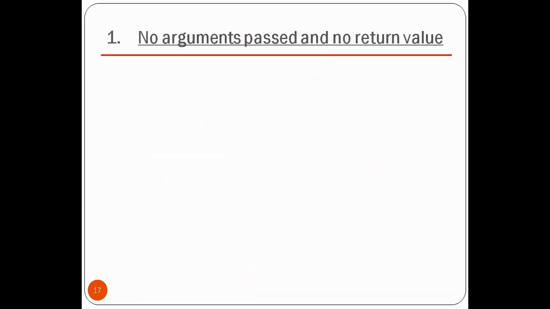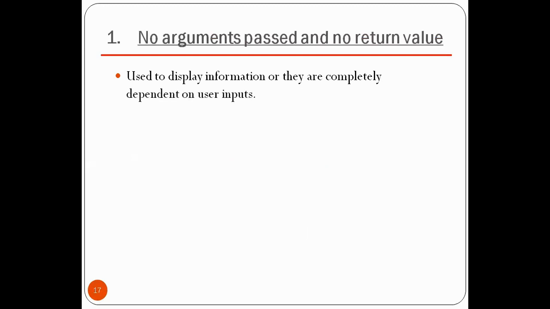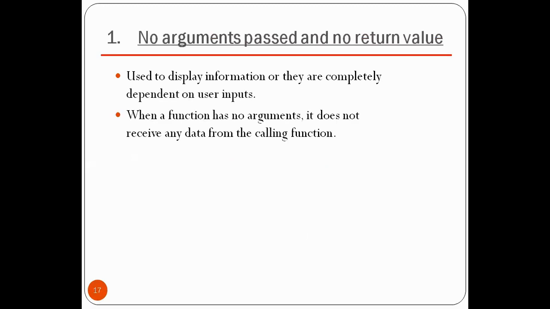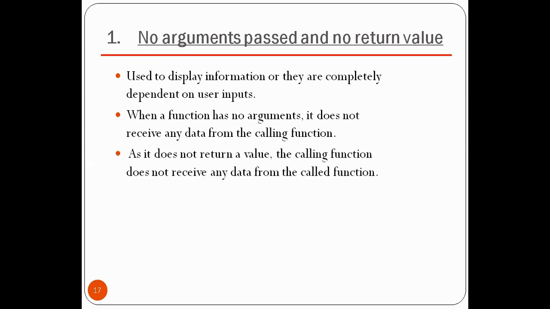So coming towards the first category, that is no arguments passed and no return value. These functions are used to display information, or they are completely dependent on user inputs. When a function has no arguments, it does not receive any data from the calling function. Of course, we are not passing any value when we are calling a function, and we are not getting back any value from the function, right?